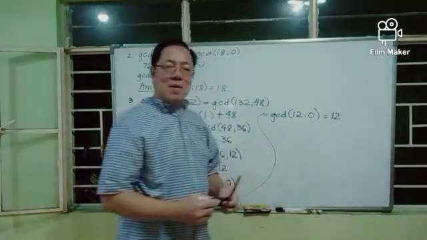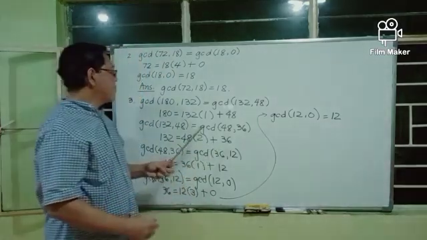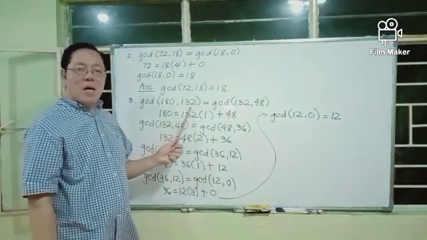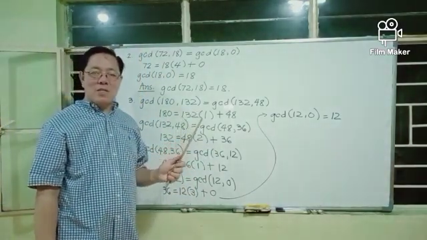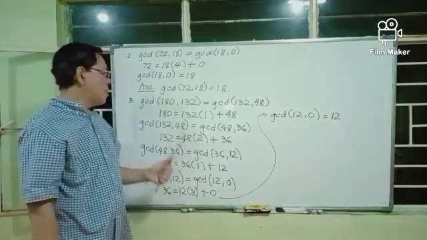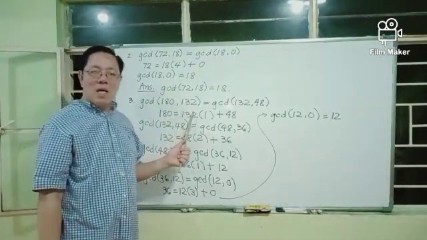And 12 is the greatest common divisor of 180 and 132. 12 is the largest positive integer that can divide 180 and 132.